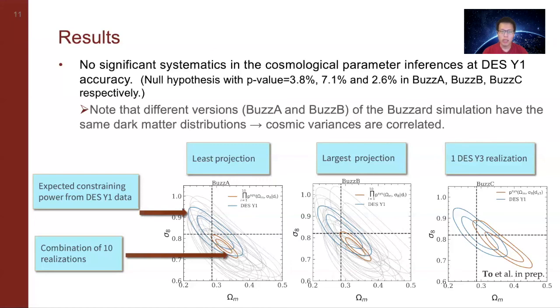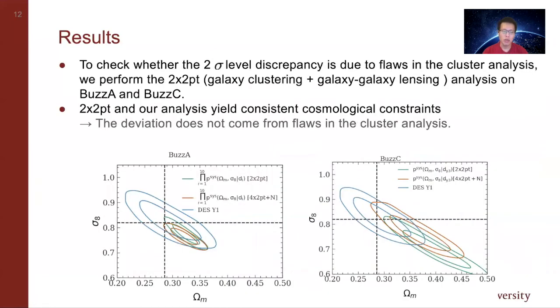But we can also test whether this 2 sigma level systematic is due to flaws in our cluster analysis. To check that, we perform the 3x2 point analysis, meaning you simultaneously model the galaxy clustering and the galaxy lensing. And then we can compare the recovered cosmology to the one that's recovered from the cluster analysis. Here is the result. The orange and the blue lines are the same as the previous slides.